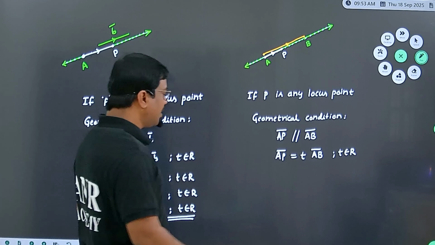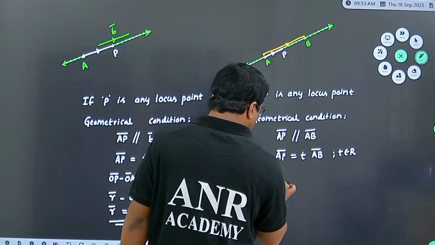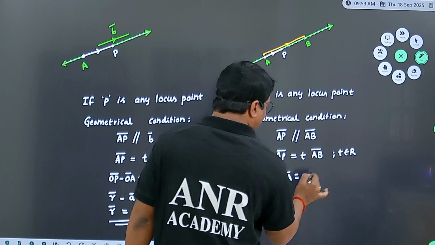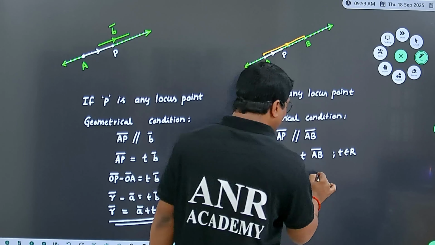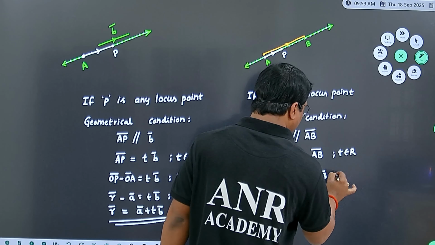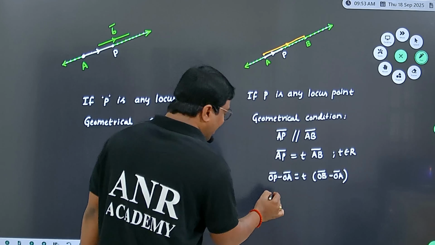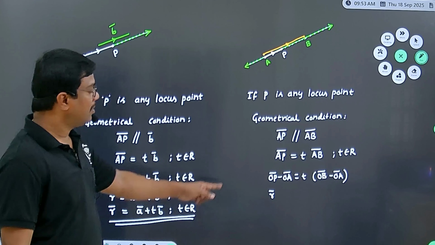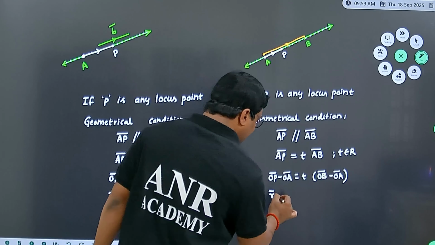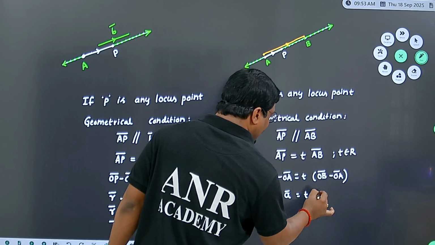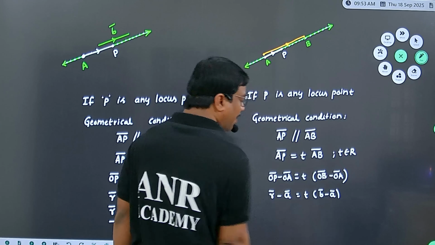You know that AP vector is written as OP minus OA, and AB vector is OB minus OA. OP vector is the position vector of point P, R bar in general notation, OA bar is A bar, and OB bar is B bar.